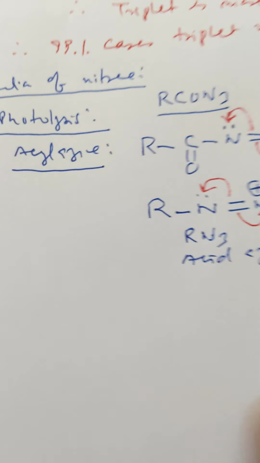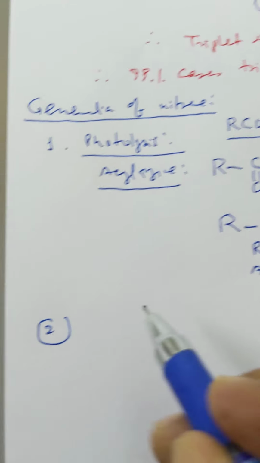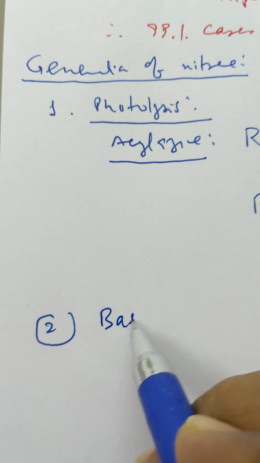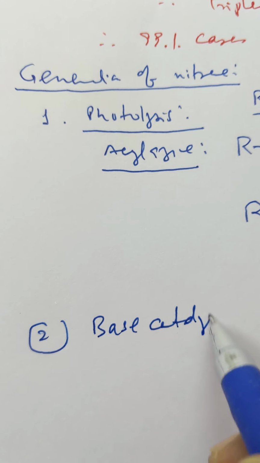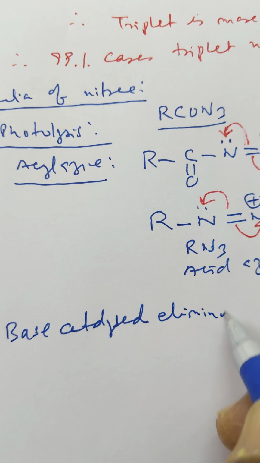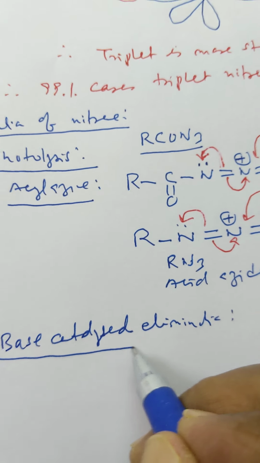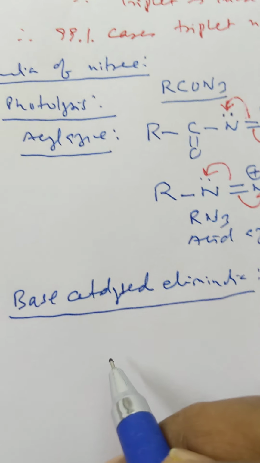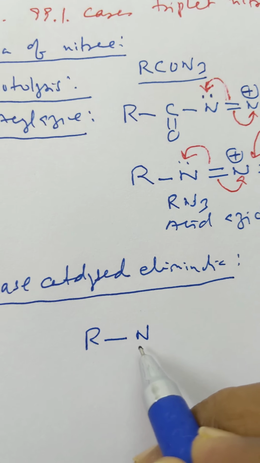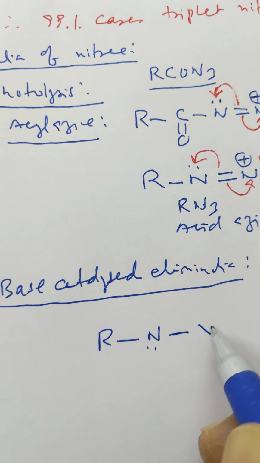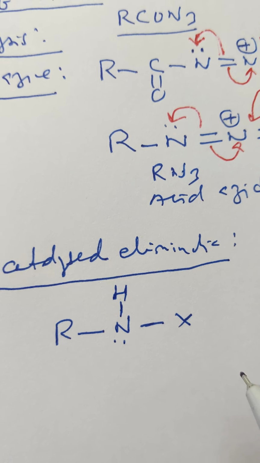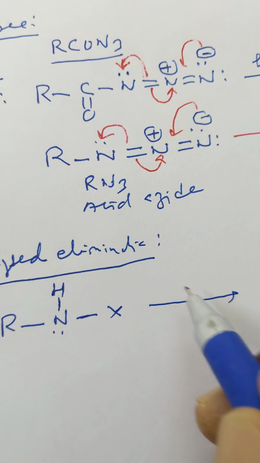Secondly, another method of the formation of this is by base catalyzed elimination. See, we have halogen substituted amines, say R, N, X, and here we have H. Now, in presence of base, what will happen?